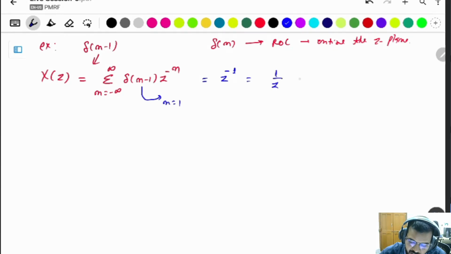It means the ROC should be greater than 0. This is not the entire plane. The ROC will be greater than 0 because of this one only, since there is a 1 by z.